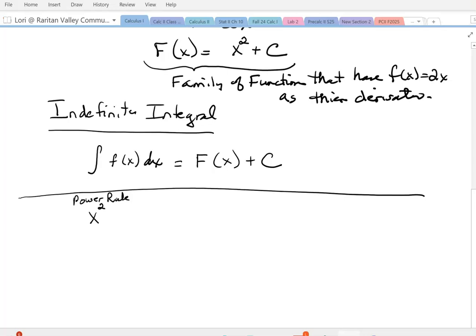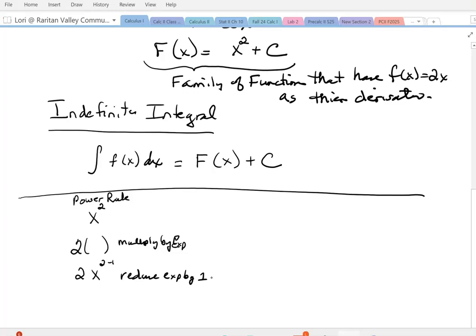And think through the actual steps that you did. You multiplied by the exponent. Right? And then you reduced the original exponent by 1. In that order.